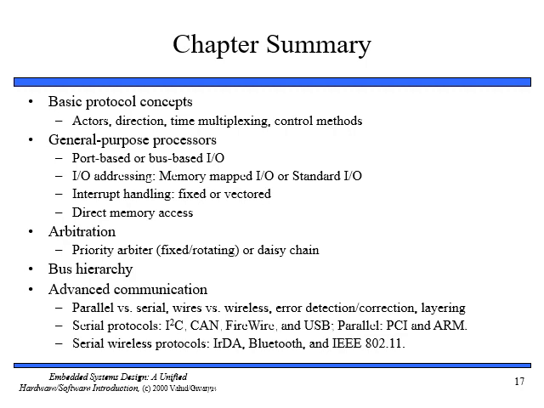We talked about arbitration, the priority arbiter, and the daisy chain arbiter. We also talked about the bus hierarchy, and then finally the advanced communication protocols, in which we talked about parallel protocols, serial protocols, and wireless protocols, that was infrared data association, Bluetooth, and IEEE 802.11. So that was about the interfacing chapter.